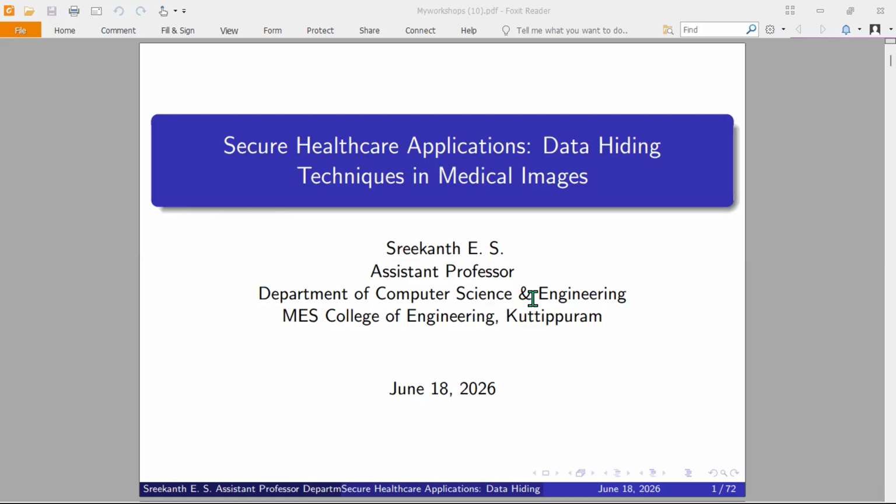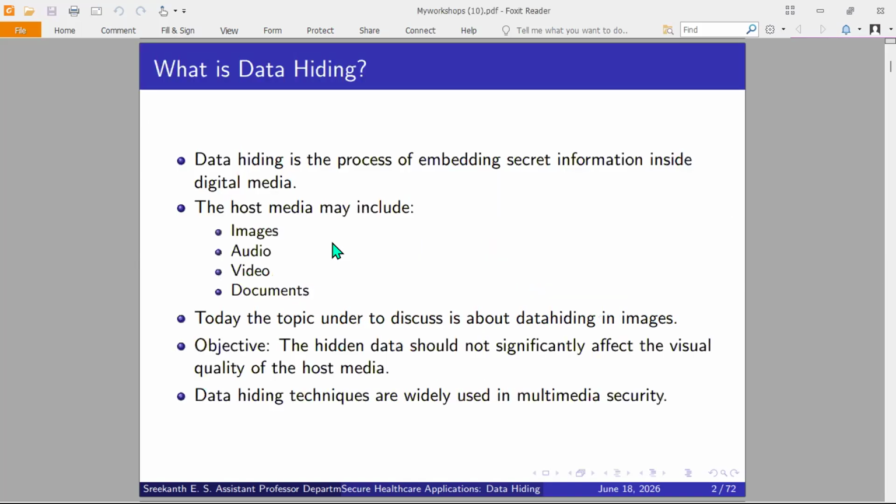So let me come to the slides. Normal data hiding can be in any media: images, audio, video, all these are there. But today we are discussing data hiding in medical images.